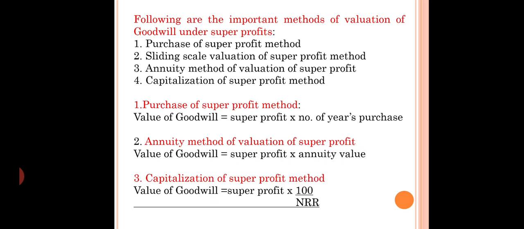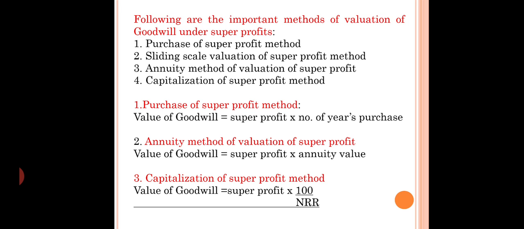Then there are sub-methods for calculation of the value of goodwill under super profit. First, the purchase of super profit method, the sliding scale valuation of super profit method, the annuity method, then the capitalization method. The sliding scale is not in your syllabus, so I will discuss only the rest of the methods. The first one is the purchase of super profit method.